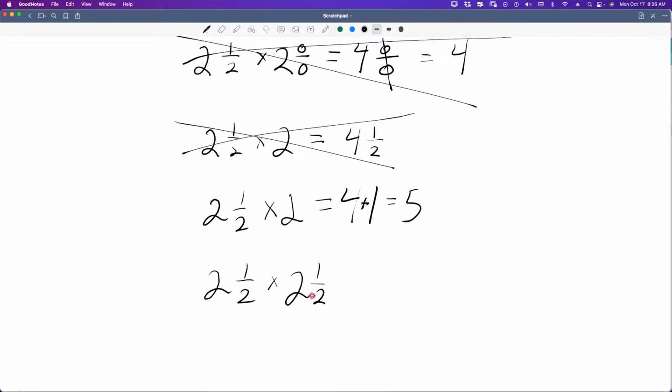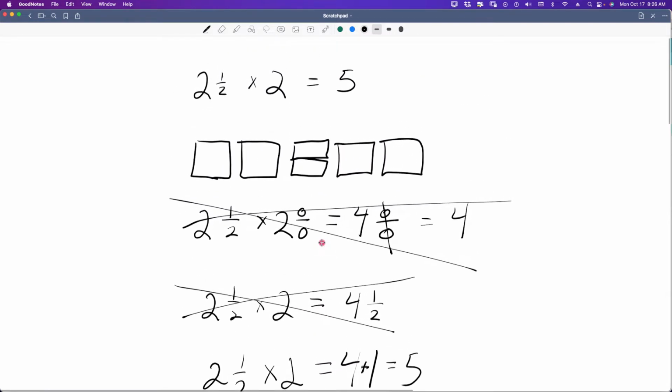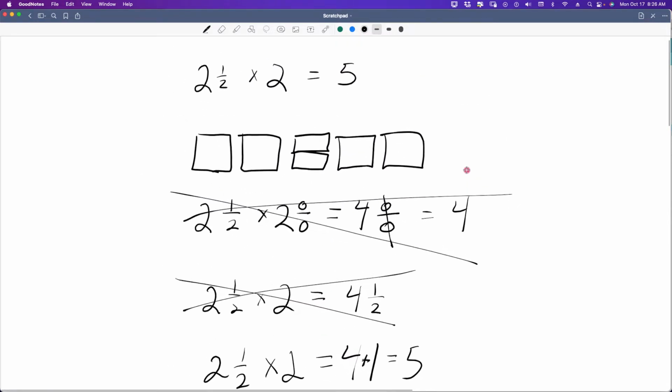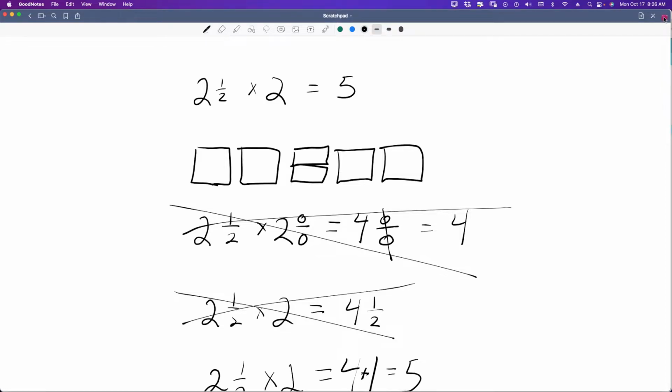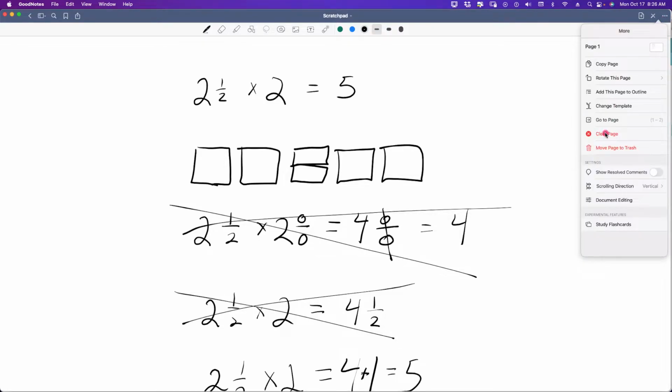But what about when we get to this point? We're going to have to do 2 times 2, 2 times 1/2, and then 1/2 times 2 and 1/2 times 1/2. That's extremely complicated. There's a better way. The better way is to turn everything into an improper fraction, and then everything multiplies all at once. So that is what we do.